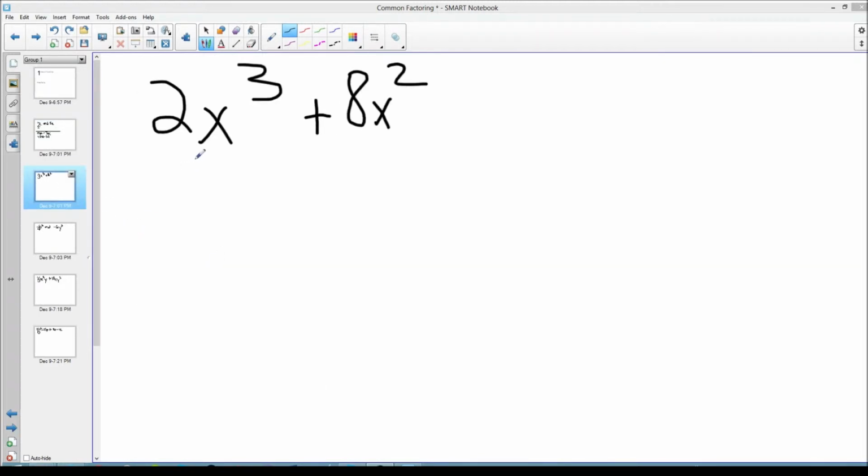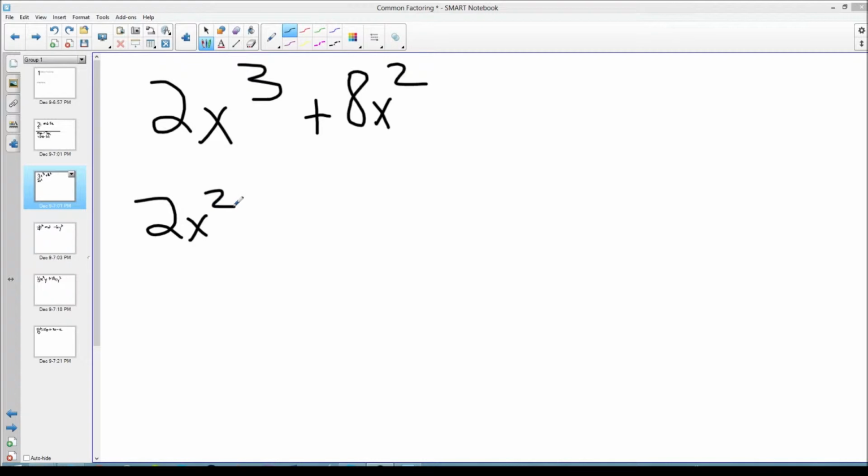Here we have a 2x cubed and an 8x squared. We can see that they're both divisible by 2, so we can take a 2 here. They both have an x. The highest power of x we could go is 2, because 8x squared can also go into 2x cubed.